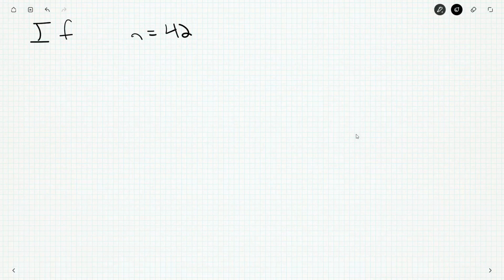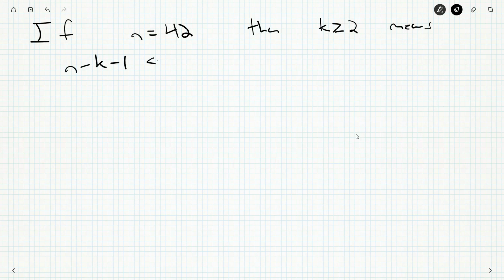If n equals 42, then k being at least 2 means that we do 42 times... means that n minus k minus 1 is at most, you subtract off 3, so at most 39, which is less than 41. So we get no factor of 41.